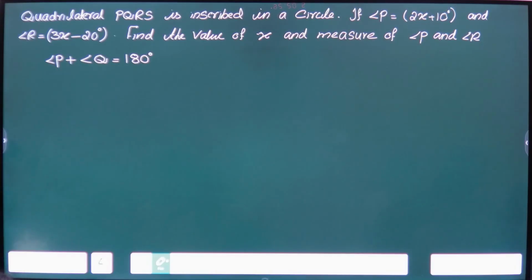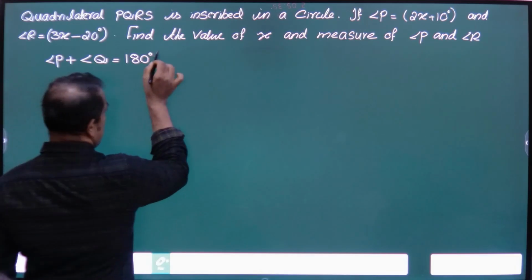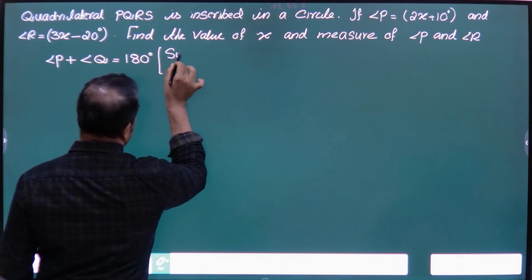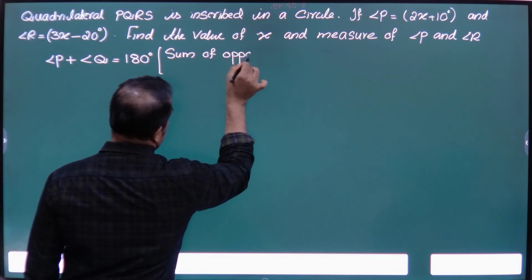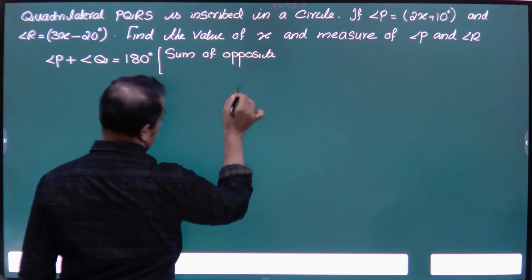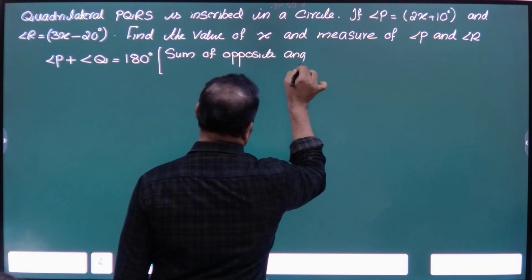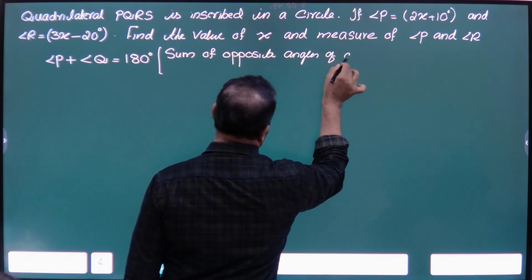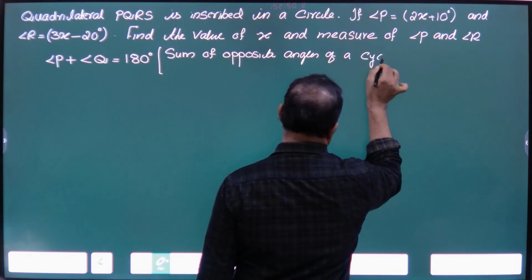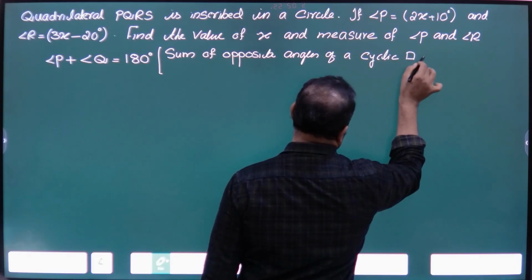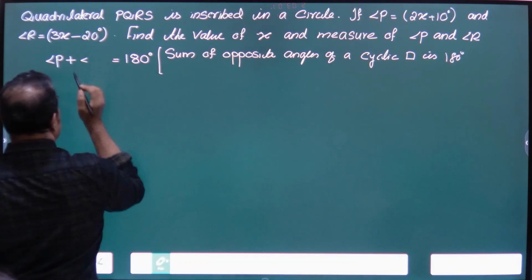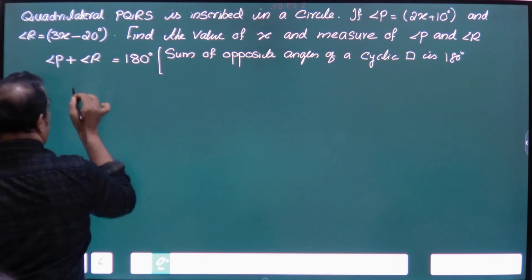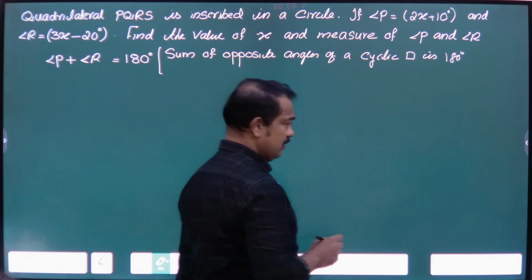Write in bracket the theorem: sum of opposite angles of a cyclic quadrilateral is 180 degrees. Sorry, angle R, not Q. Angle P and angle Q are not opposite angles. है ना? देख सकते हो?